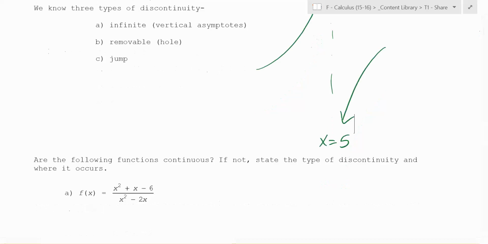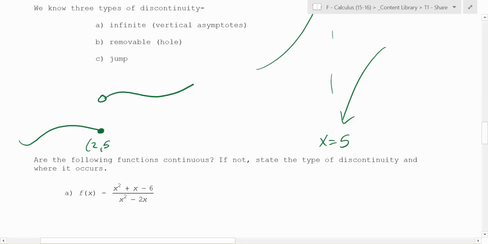What does a jump look like? A jump looks like this. You're going along, might stop there, and then it might jump up there. Is that continuous? No, it violates that rule I told you: if you pick up your pen, it is no longer continuous. But how does it violate the rule based on the definition? Let's say this is (2, 5) and that point is (2, 8).